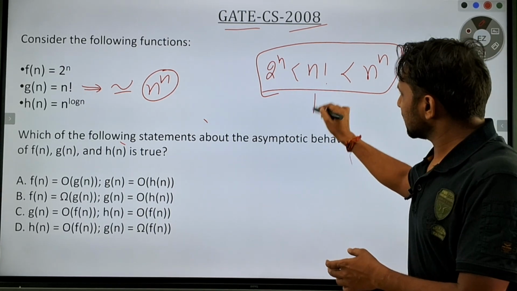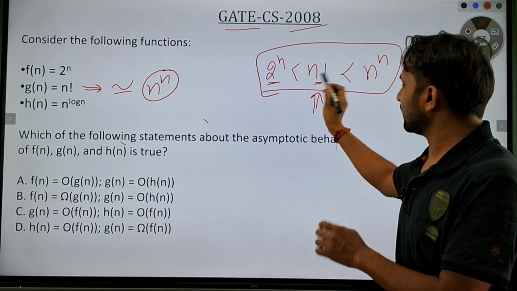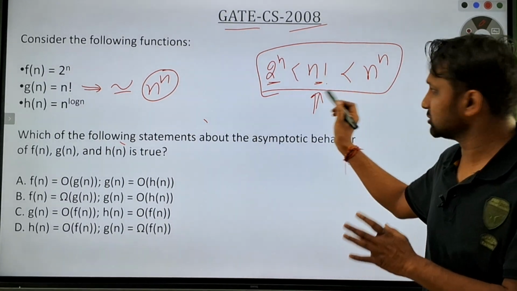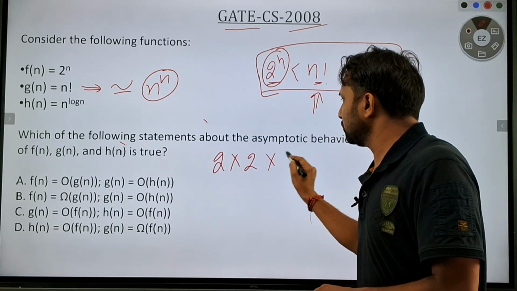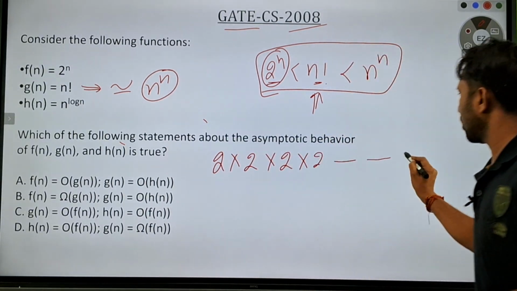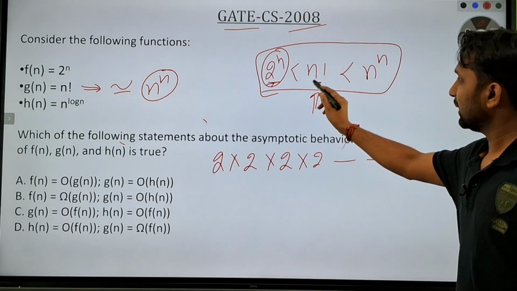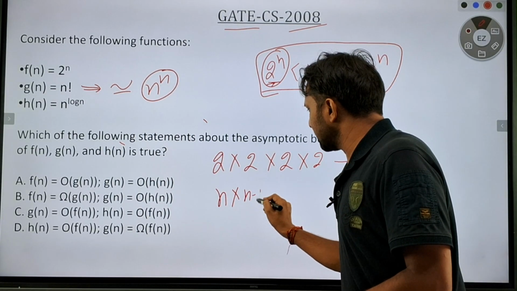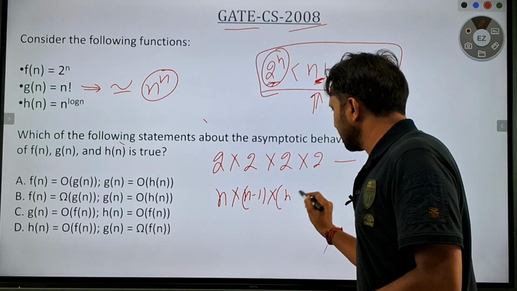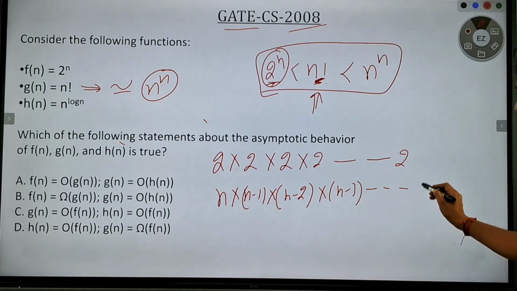You can even check it manually. See, this is the right relationship between these three functions. 2 power n, how will you write it? 2 into 2 into 2 into 2, and so on. How many times? N times you are multiplying the 2. What do you do in the case of n factorial? You write n into n minus 1 into n minus 2 into n minus 3, and so on up to 1.